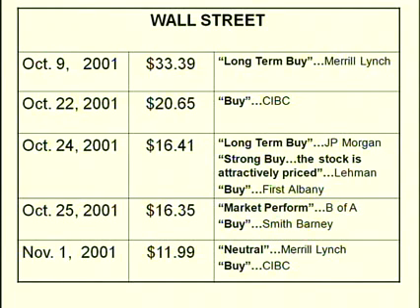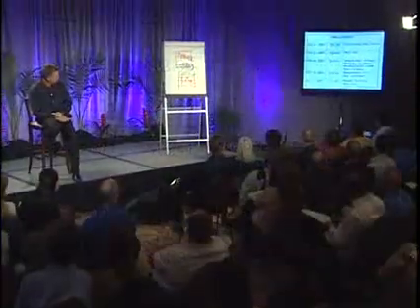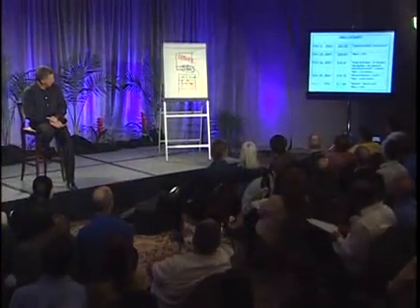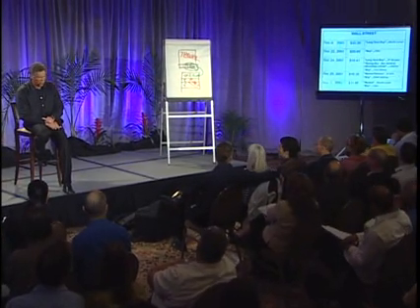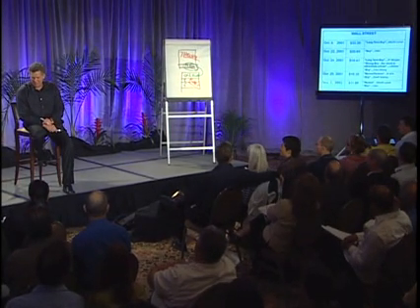From August 9th, these idiots said long-term buy, Merrill Lynch, long-term buy. It goes down to 11. How many days is that? From October 9th to November 1st. 22 days. Is that right? So in 22 days, the smartest guys on the planet went from long-term buy to, I don't know, neutral.